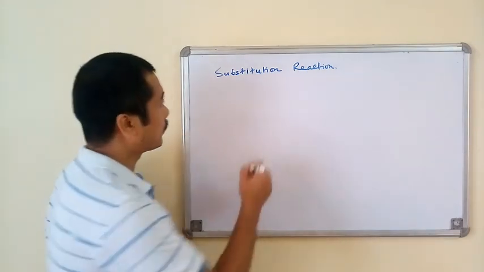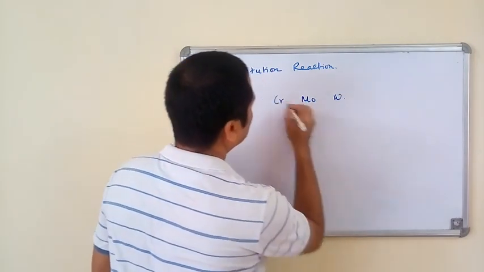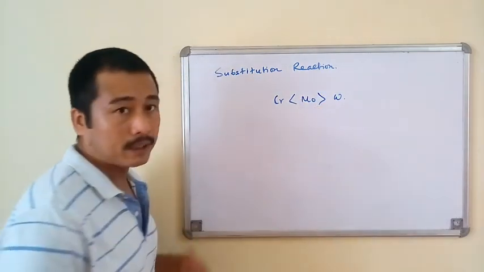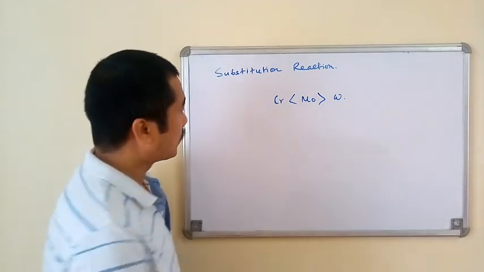So if you take chromium, molybdenum and tungsten carbonyl complexes, one will observe that the molybdenum complex undergoes substitution faster as compared to chromium or tungsten complex.